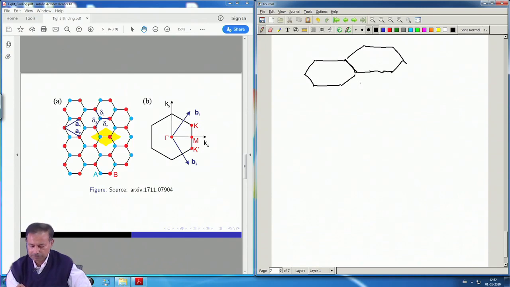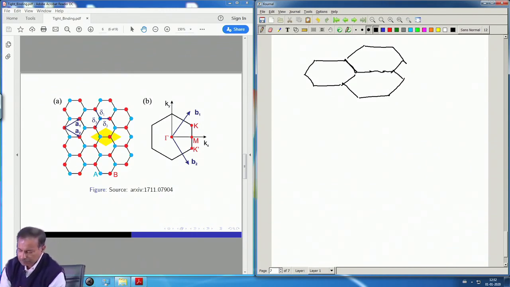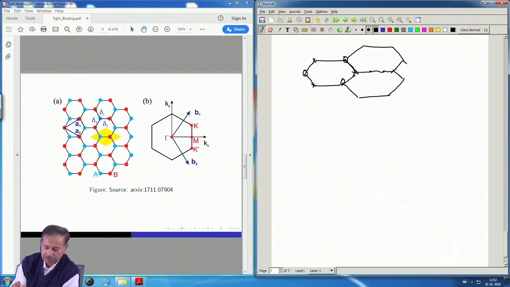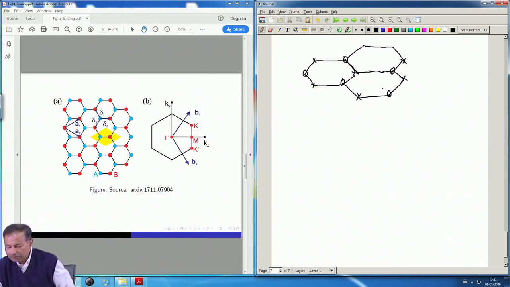There are these two inequivalent sites. So, there is this circle here and cross here, circle here, cross here, circle, cross, cross, circle, and so on.